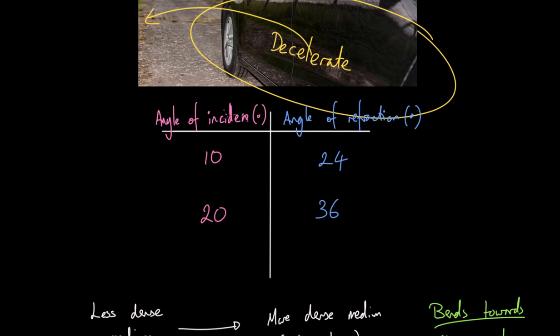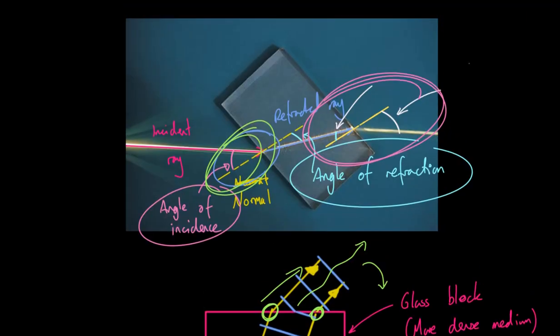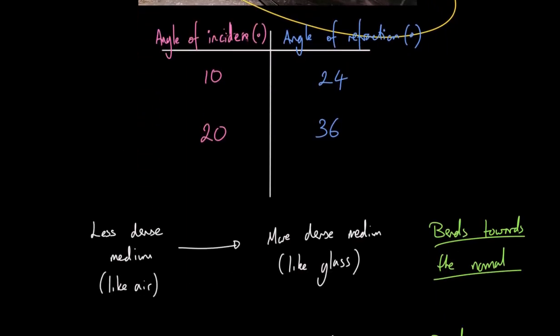But the important point that I'm just going to leave you with before I sign off is the exact relationship between the angle of incidence and the angle of refraction, be it going in or being out. It is dependent on the media that you are using.